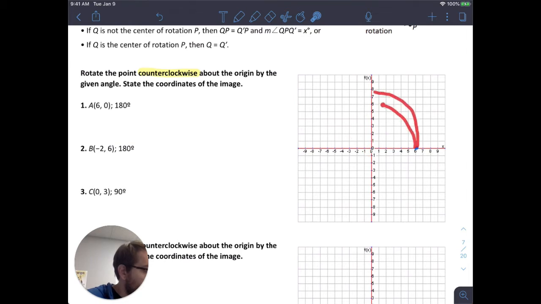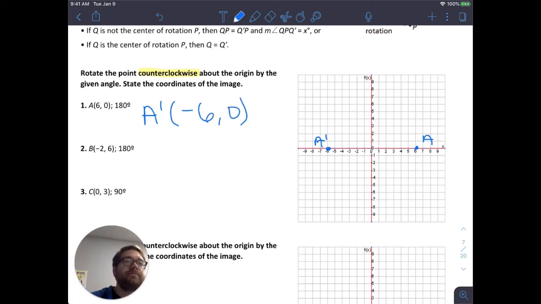So if I rotate this 180 degrees, that point would be here. So here's A, and here's A prime. And that would be rotating that point around the circle 180 degrees. So A prime is at the point -6, 0.